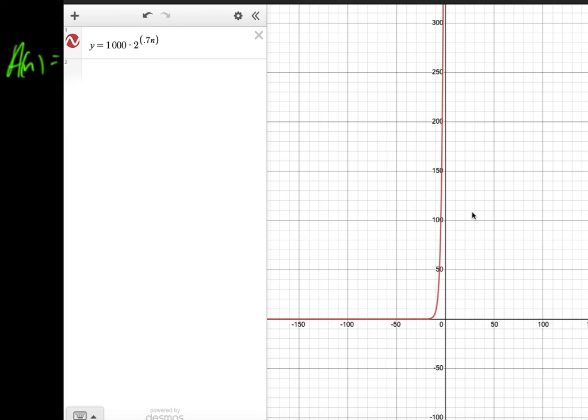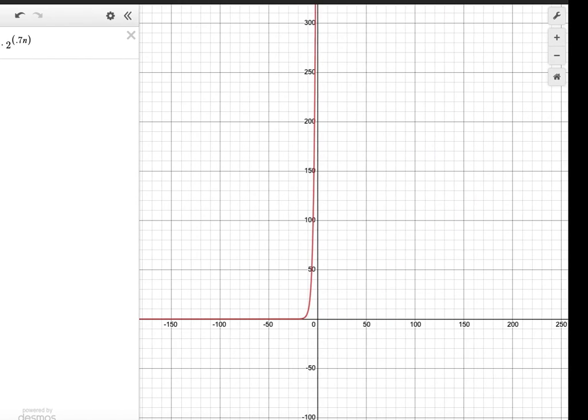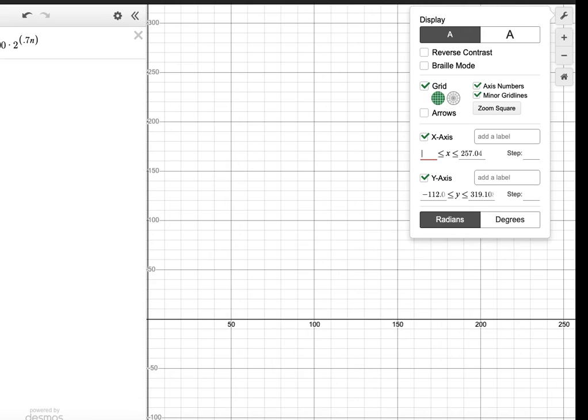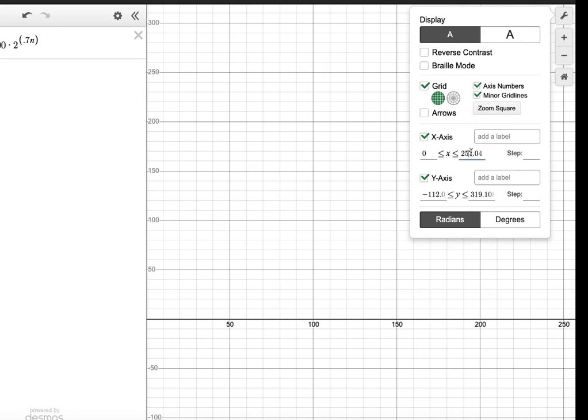And what we're going to do, we're going to change our graph. So on Desmos, we can come over here, hit this wrench, and we don't really want our x to go that far. So let's just do like 0 to 4, or 0 to 5.